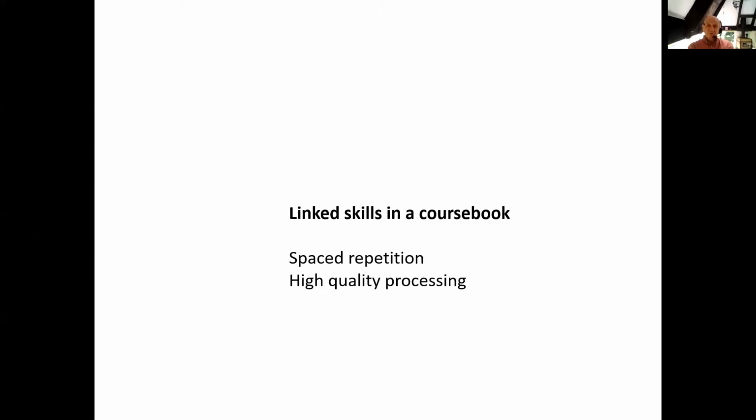Now, course books usually don't include enough repetition. And it's important then, if we want learning to occur, that we try and build some repetition into a course book. So now we're going to look at one of the ways of doing that.